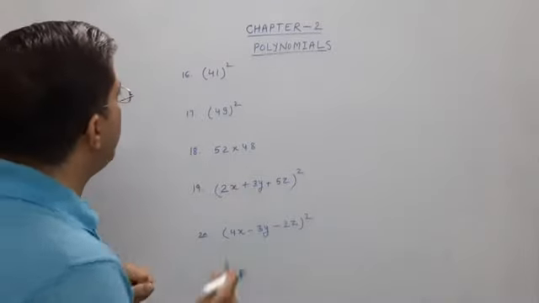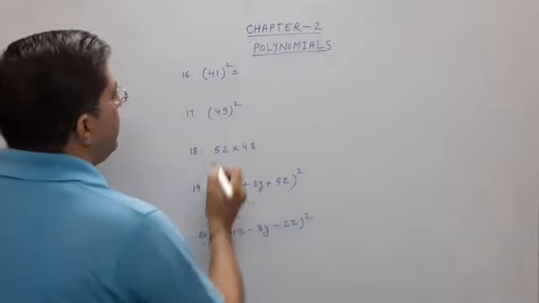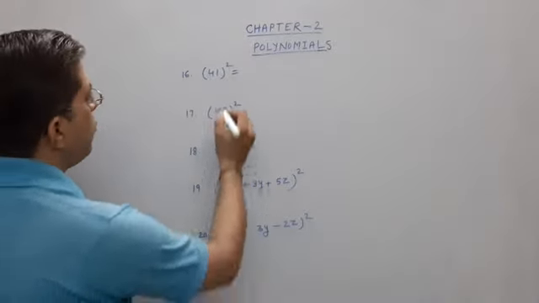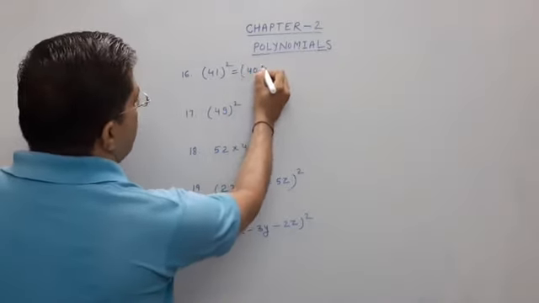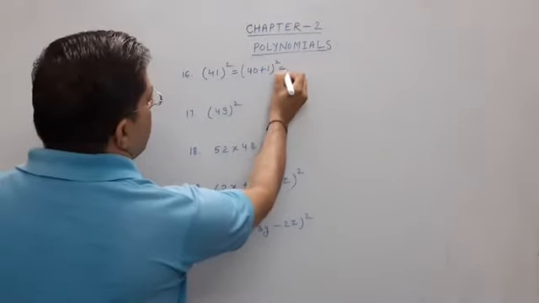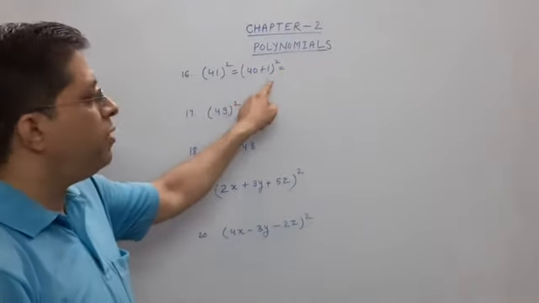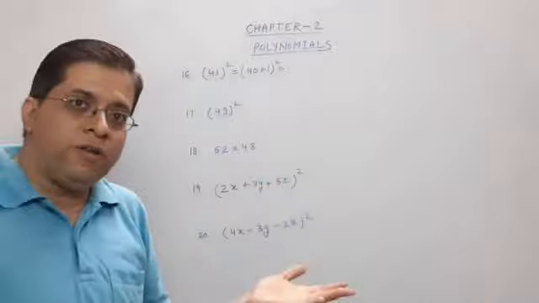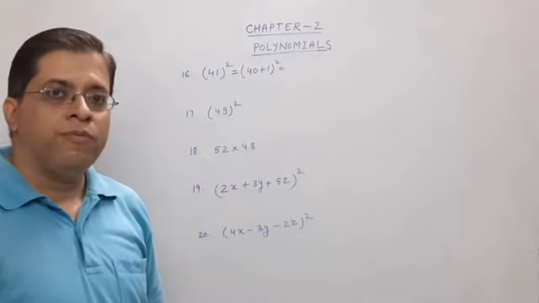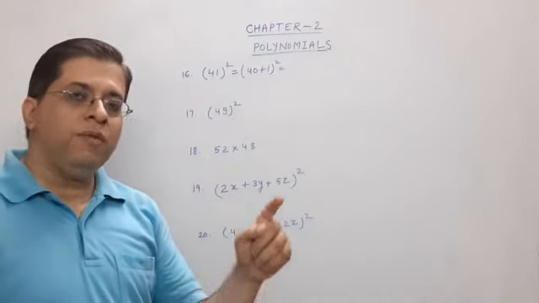How can we get 41 square with help of identity? Okay, can I write 41 in terms of this, 40 plus 1? This is looking like (a + b) whole square. And what is (a + b) whole square? You all know. A square plus 2ab plus b square.